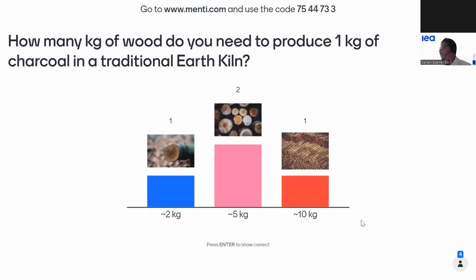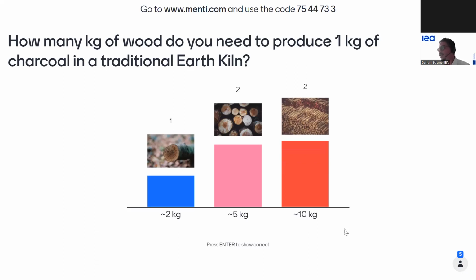I remind you, this polling is completely anonymous, so as usual, feel free to answer the way you think is the correct answer. In this case, we can just see an aggregate, so how many people answered each option. Okay, a few seconds more for the last people who were still connecting.